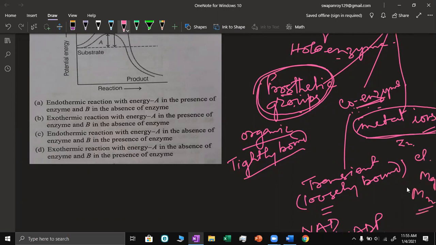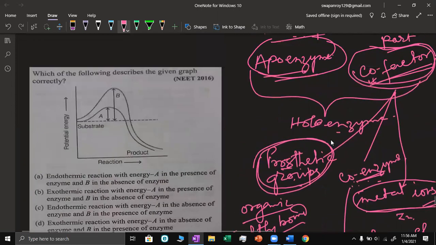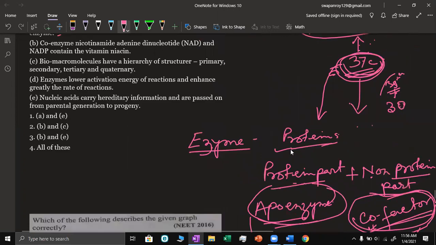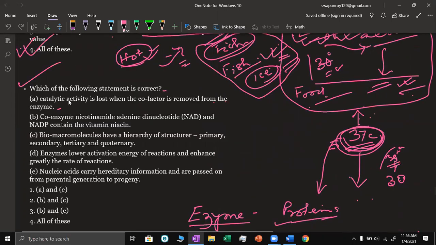These become part of the enzymes. So these are the cofactors.